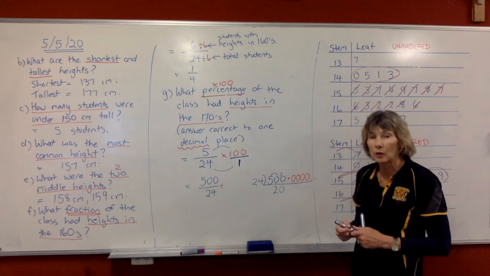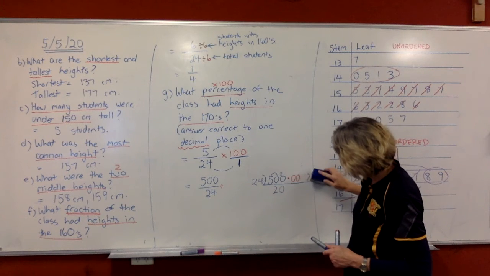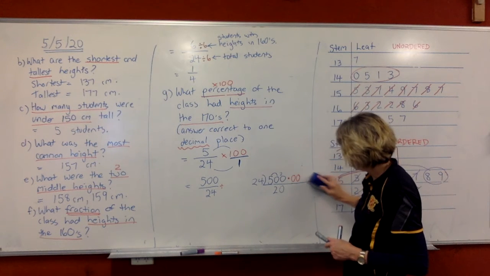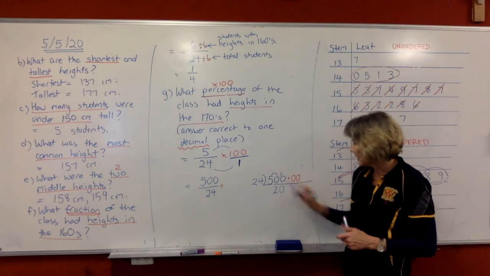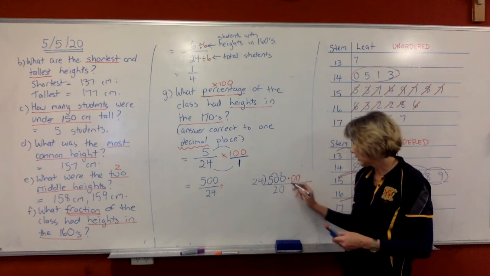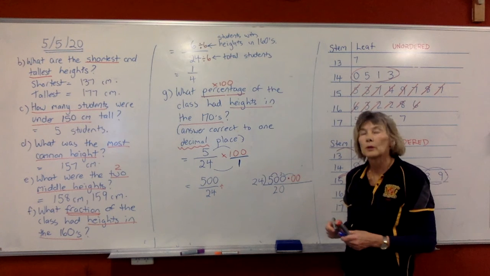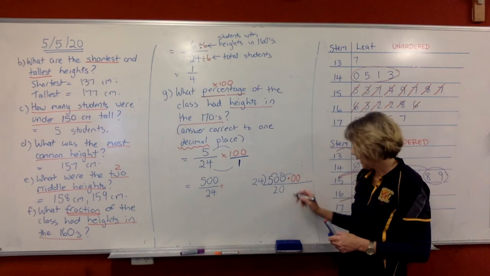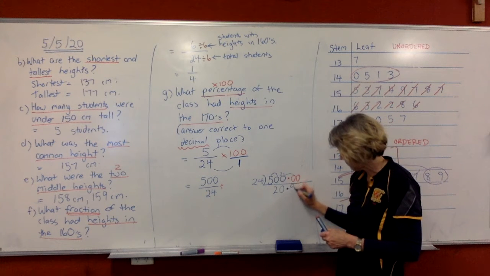Well, I'll give you a hint on that part in a minute actually. Let's just draw 2 zeros and I'll tell you why in a minute. Okay, so 24 into 20 doesn't go. 24 into 200 goes 8 times. Don't forget to copy down your decimal point here.